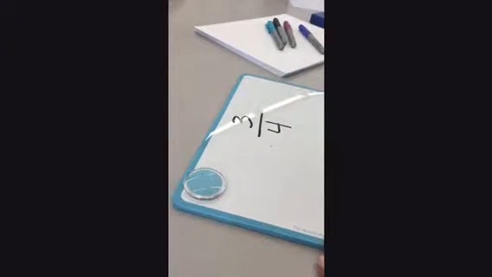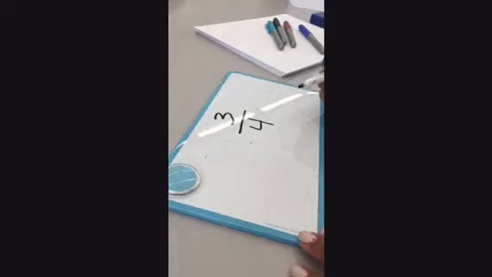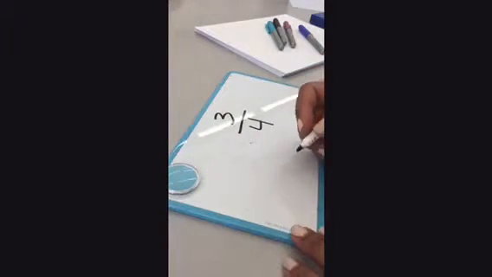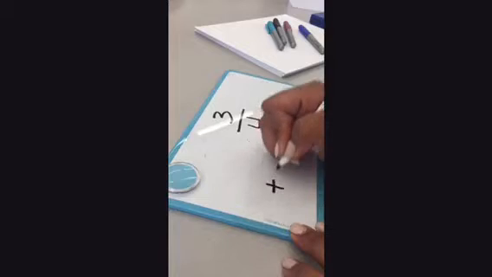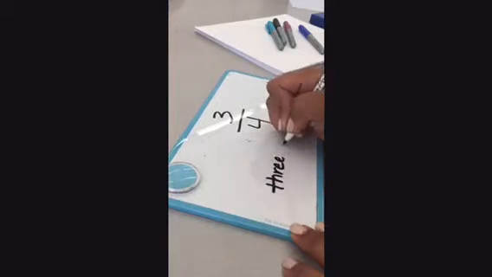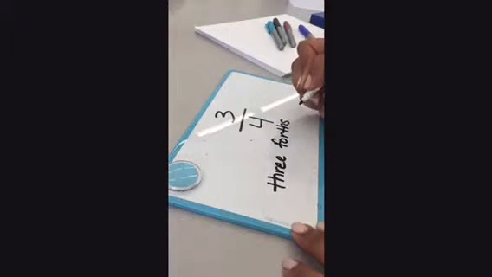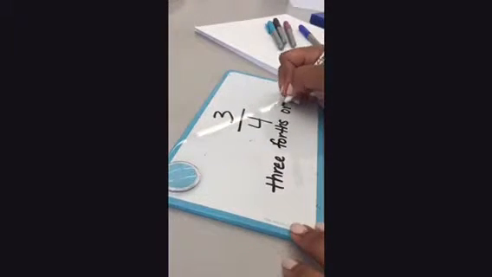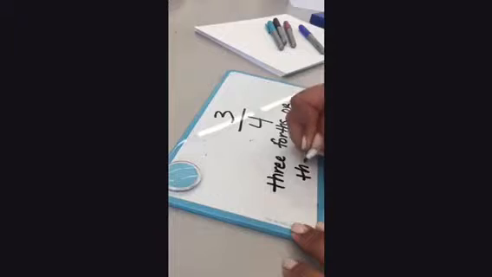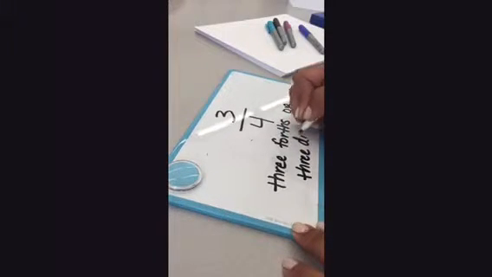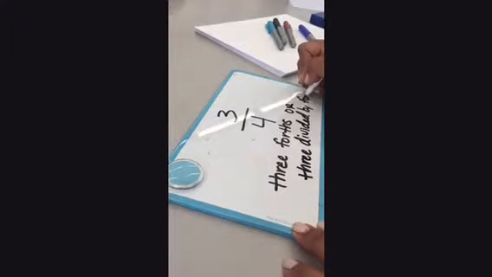So when I say 3/4, that's almost like dividing, right? Another way to say 3/4 is that you can also write it out as 3 divided by 4.